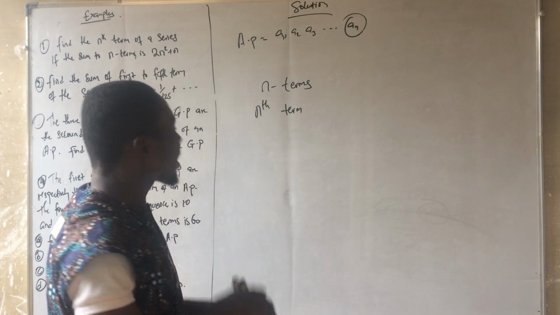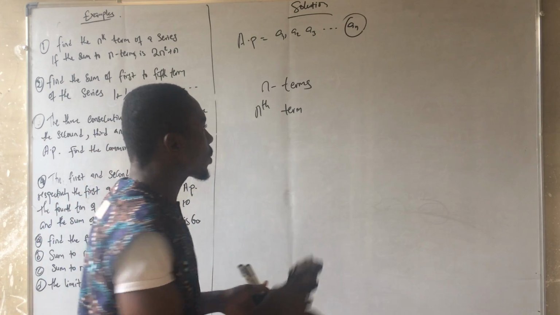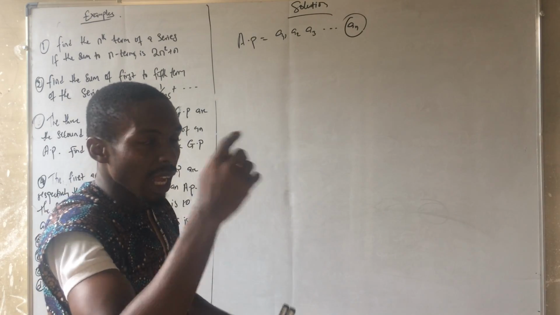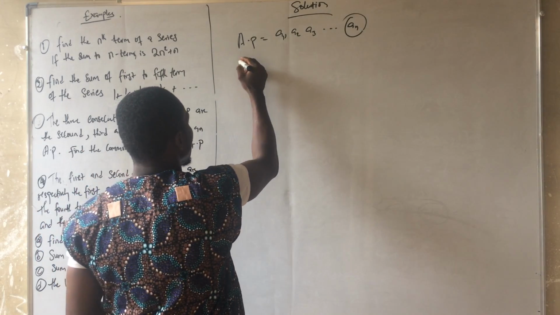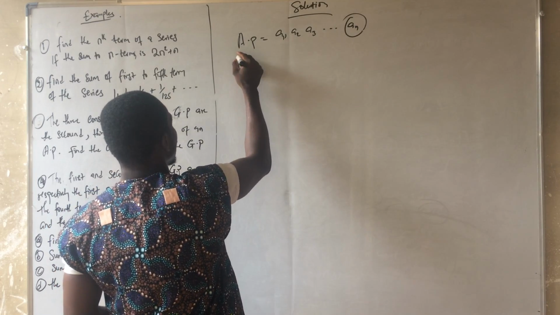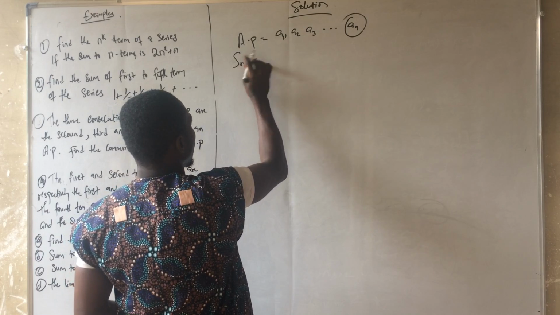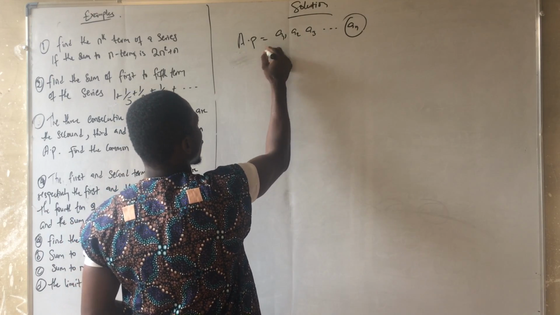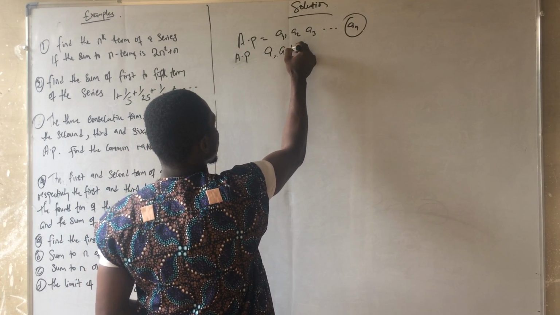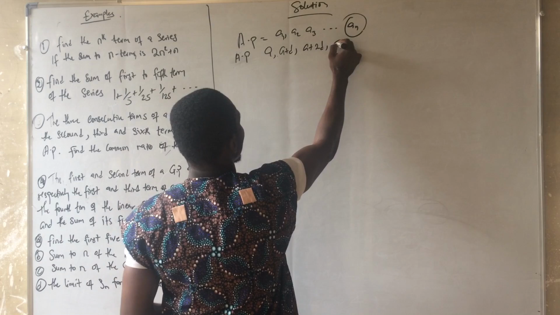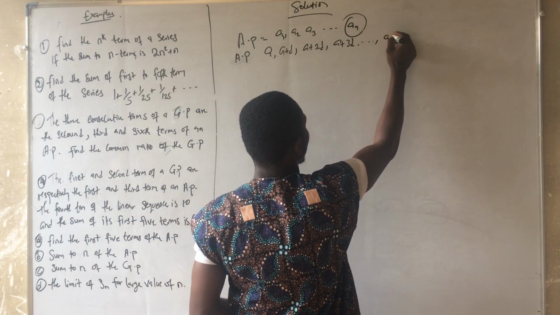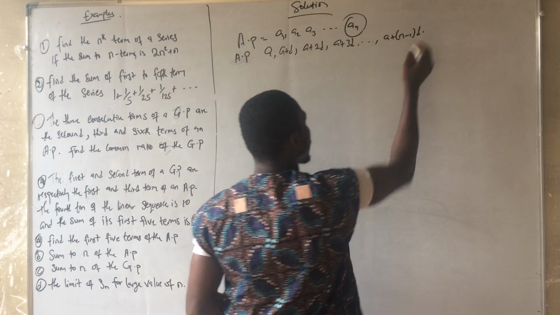So we're asked to find the nth term of a series, and when we're talking about series, we're talking about addition of terms in a sequence. So let's take for instance that the series we are talking about is: A, A plus D, A plus 2D, A plus 3D, down till A plus (n minus 1)D.